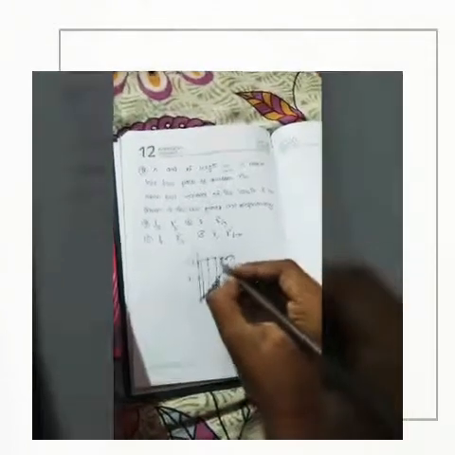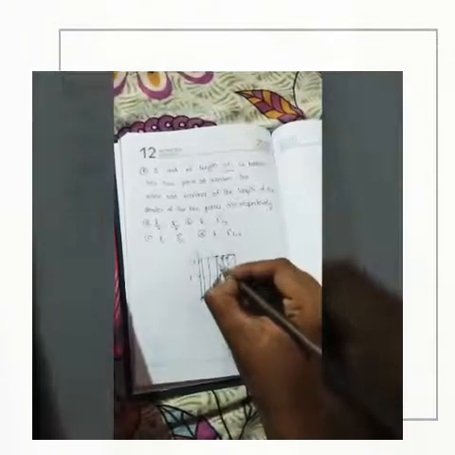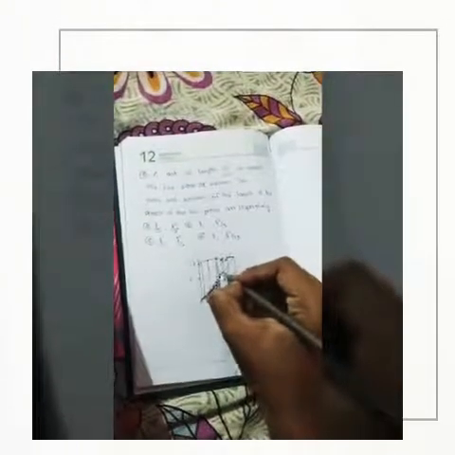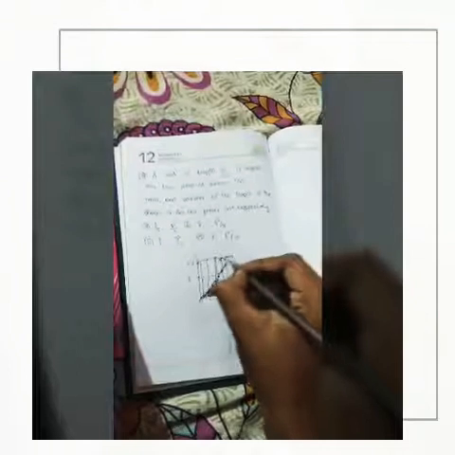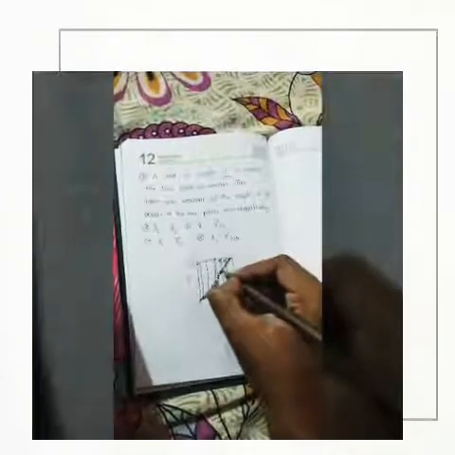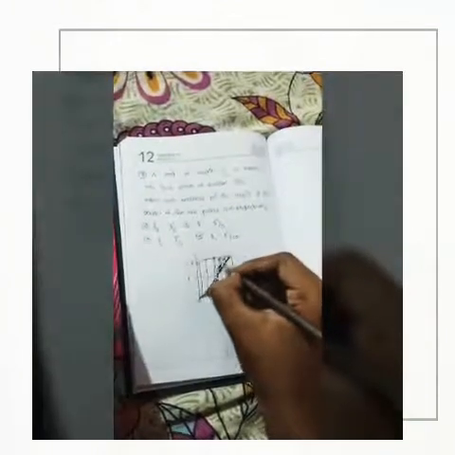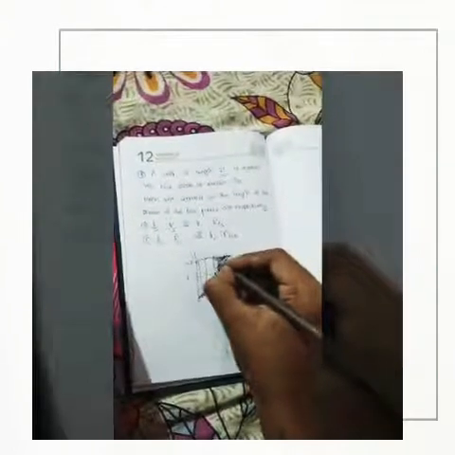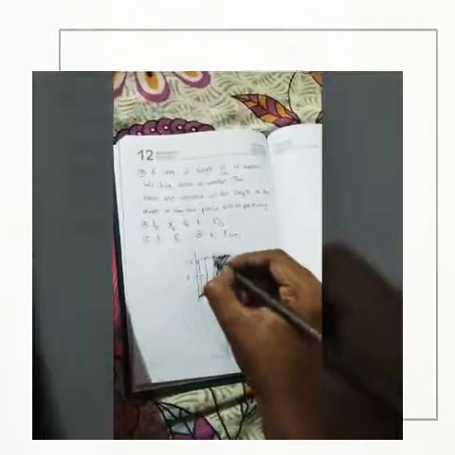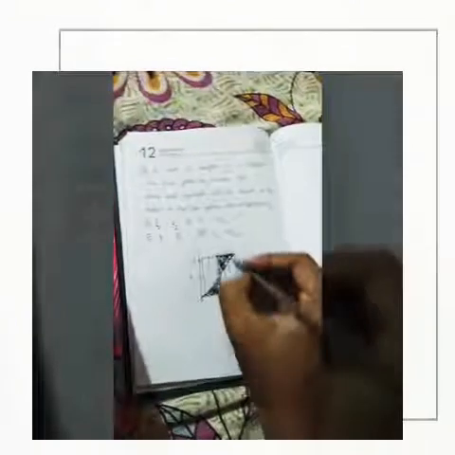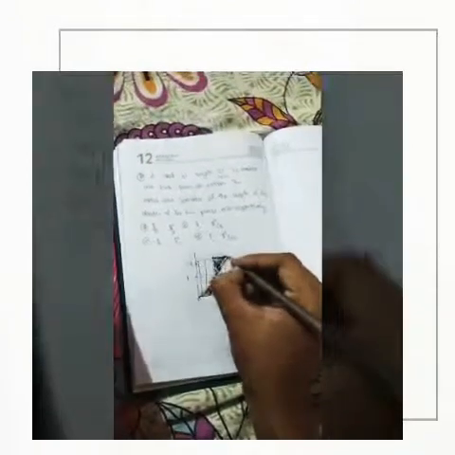So we can easily see that if we cut the rod, then we get the smaller portion in this region, with its base.